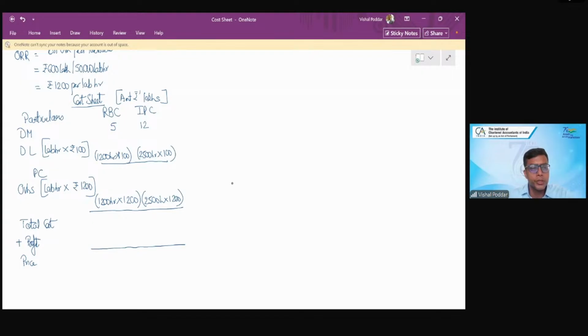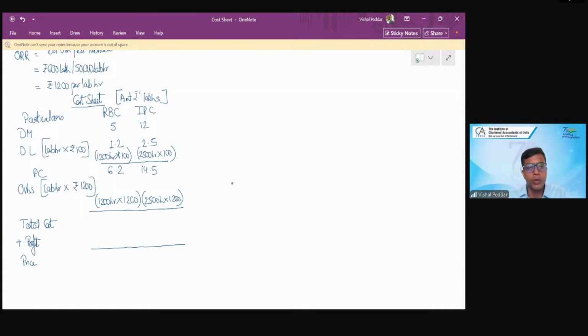So how much is 1200 into 100? It is 1.2 lakhs, if I'm correct. And 2500 into 100 is 2.5 lakhs. So this becomes 6.2 lakhs. And this becomes 14.5 lakhs. Correct?